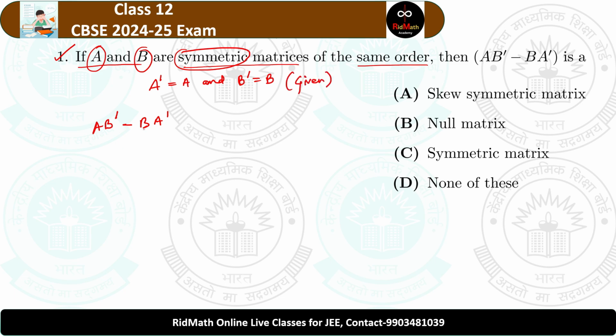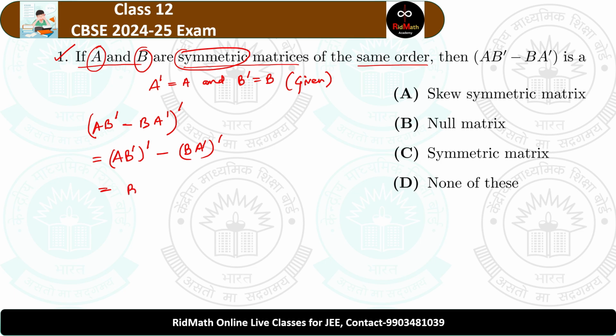Okay, now we are transposing this whole matrix, (A B transpose minus B A transpose) whole transpose. So according to the transpose law, (A B transpose) whole transpose minus (B A transpose) whole transpose.